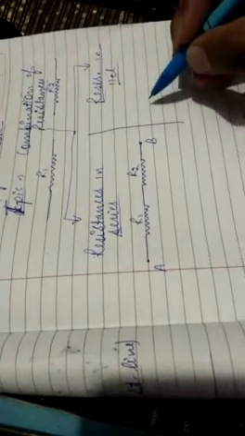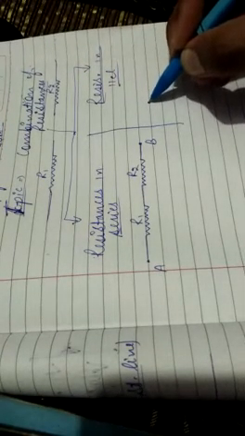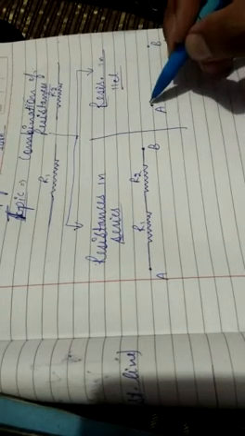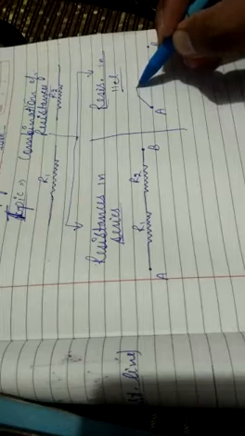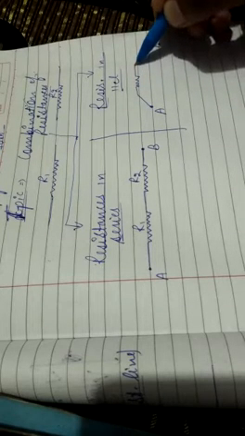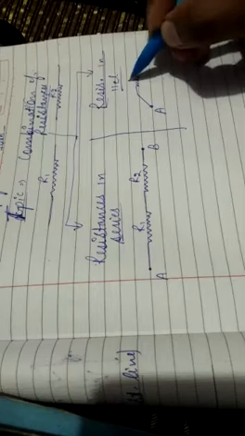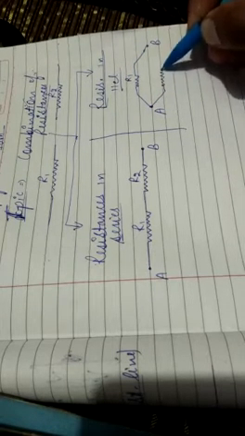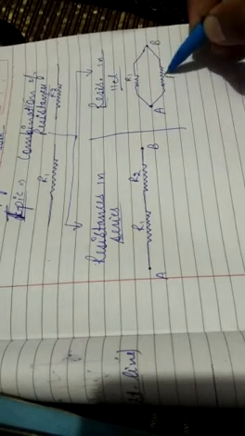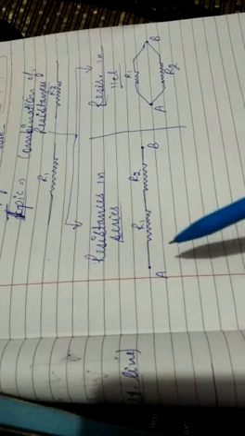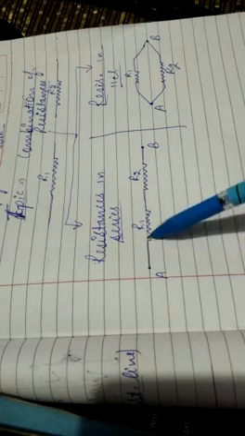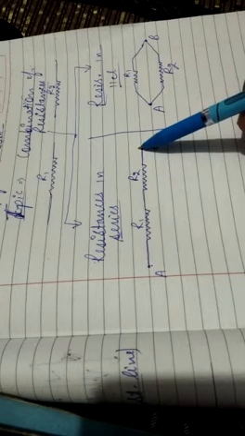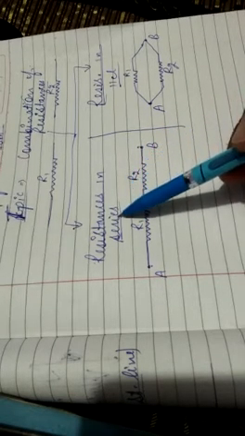Now if you want to arrange both the resistances in parallel between A and B, let me tell you the difference and then I'll explain. This is, for example, resistance R1 and this is resistance R2. So, when there is only one way of going from one end to the other end, then you call those resistances in series.